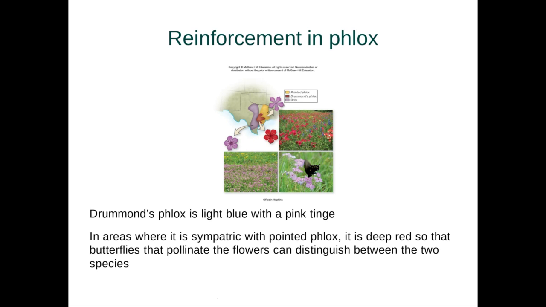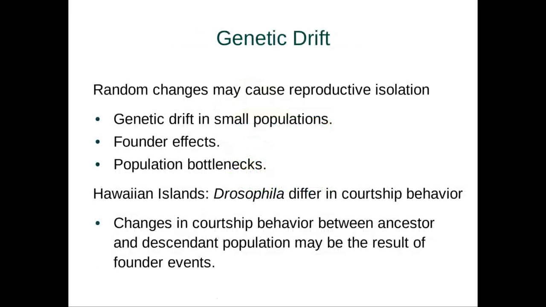So this is an example of reinforcement. Different species are sympatrically occupying the same area, and selection is reinforcing the differences between the species because, in this case, remember, what makes flowers able to reproduce? It's insects. And if you want to attract the right insects, you have to have the right colors. So I think that's a pretty cool thing.